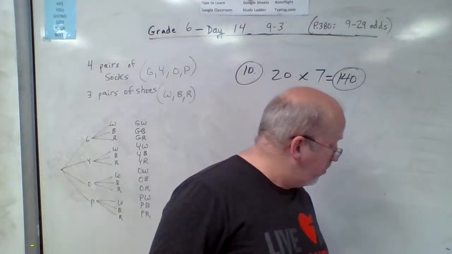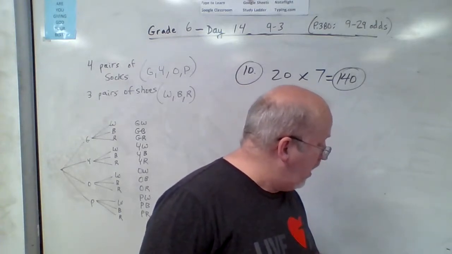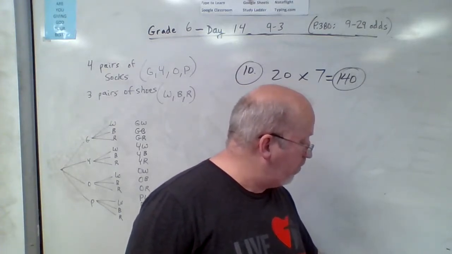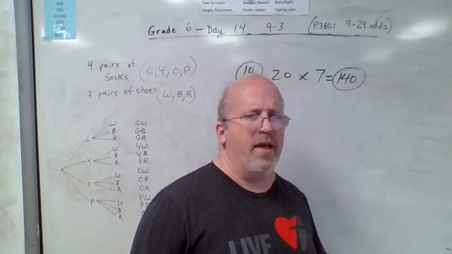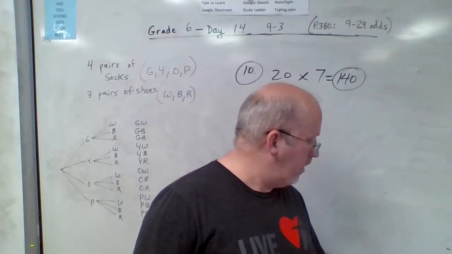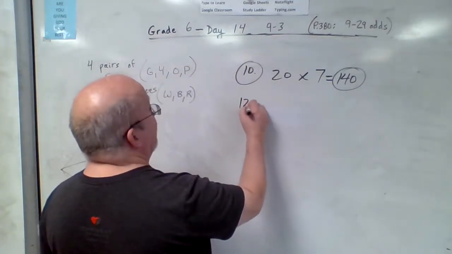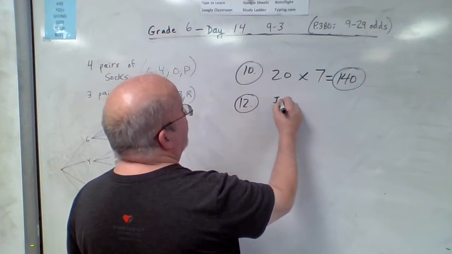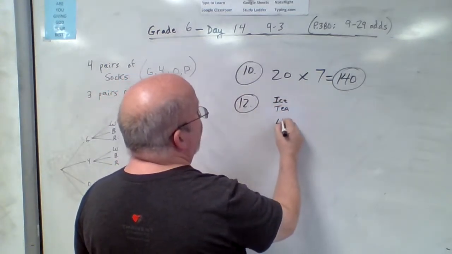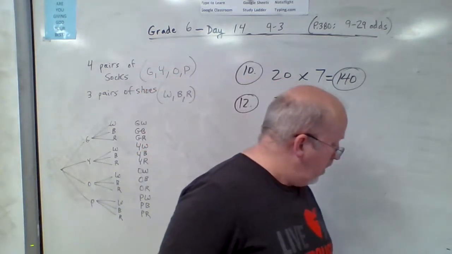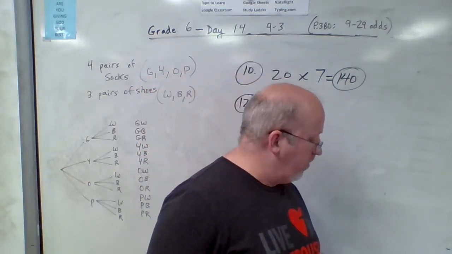Let's move on to number 12. Choosing iced tea in regular, raspberry, lemon, or peach flavors. How many different iced teas is that? So in problem 12, in the iced tea area, we're talking about 4 different varieties. And then it says sweetened or unsweetened.